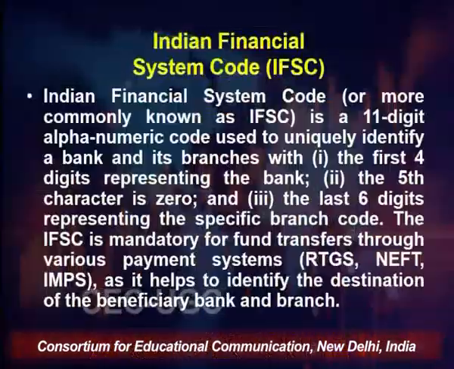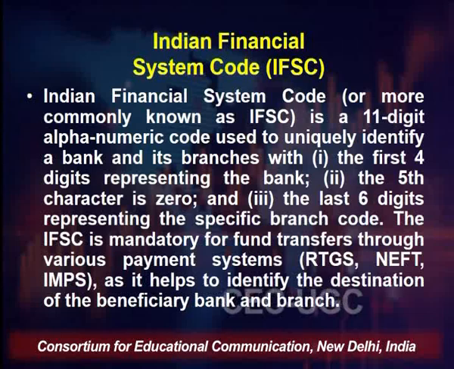Then an important and very popular one is the IFSC code, that is, the Indian Financial System Code, which is an 11-character alphanumeric code that you usually find, a unique identifier for a bank branch.